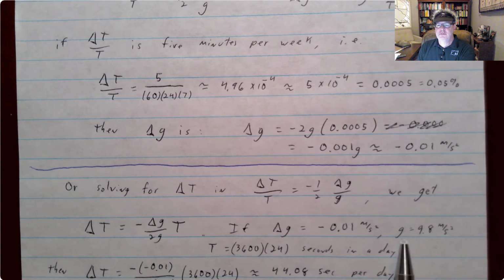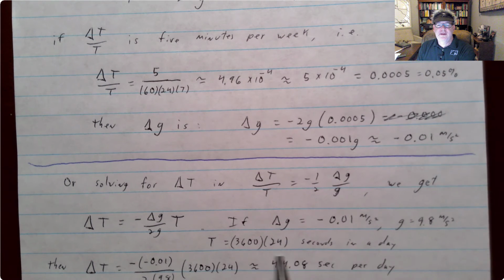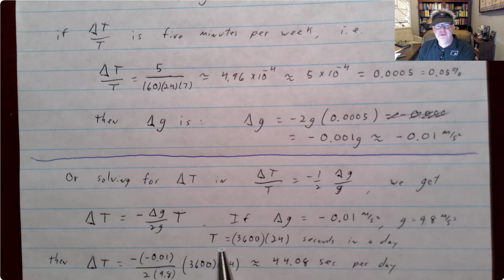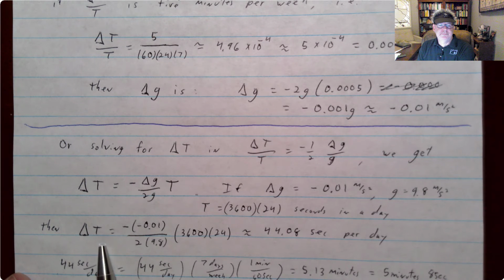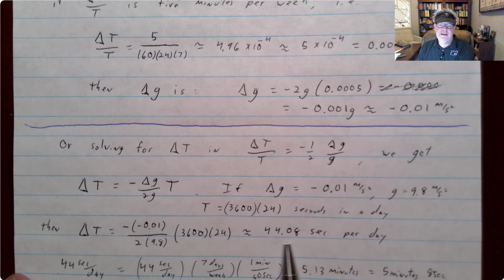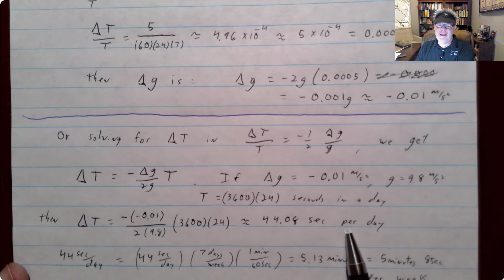For g, we will use 9.8 meters per second squared. And I'm going to use how many seconds there are in a day: 3,600 seconds in an hour, 24 hours in a day. So for delta g to be negative 0.01, the clock will run slow by negative of that negative 0.01 over 2g, times the seconds in a day, and we get about 44 seconds per day.